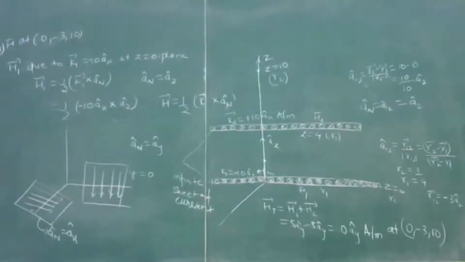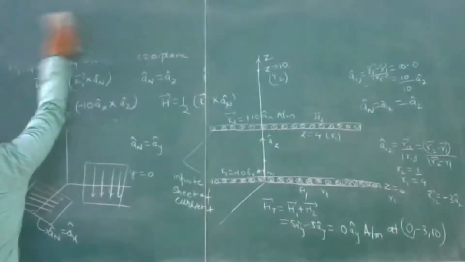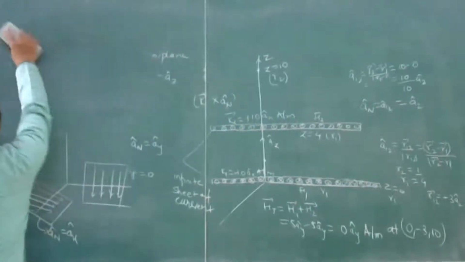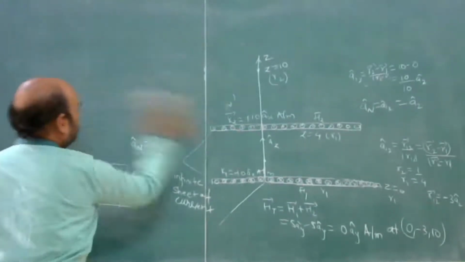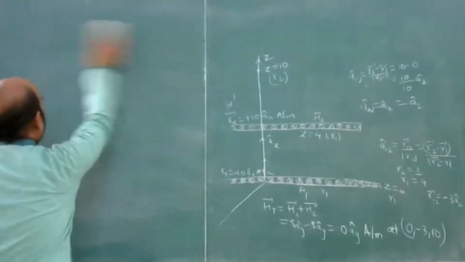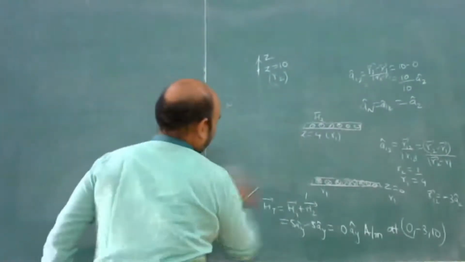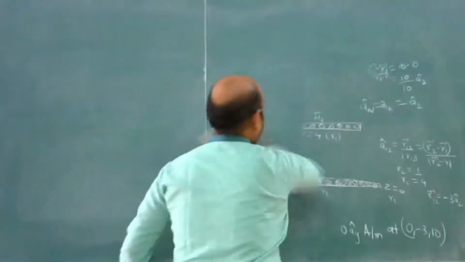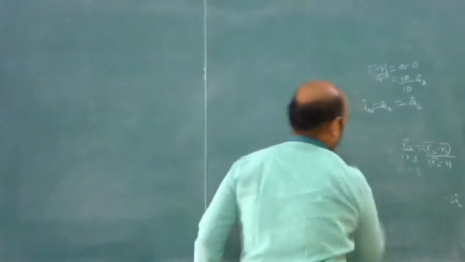In the last class, we were discussing the application of Ampere's circuital law. So we had calculated the value of H for an infinitely long current-carrying conductor and for a sheet of current.